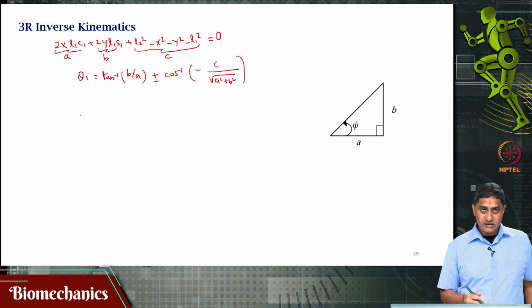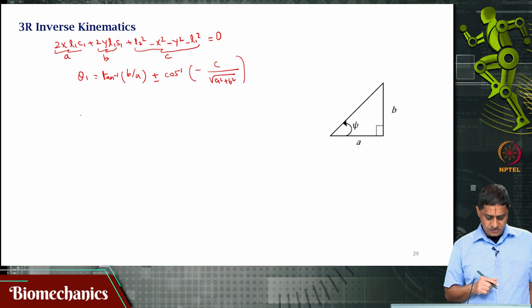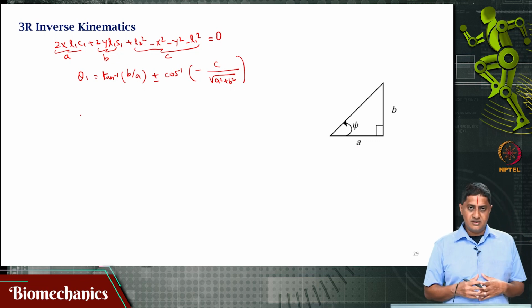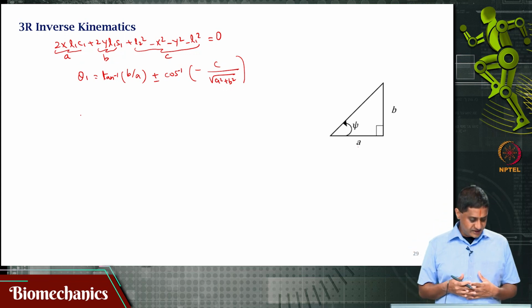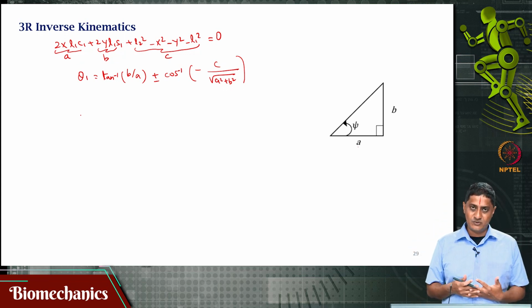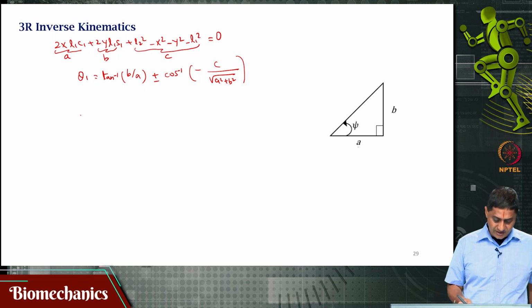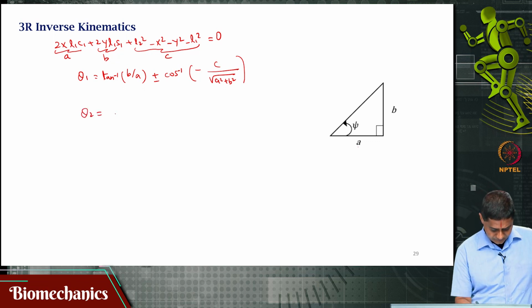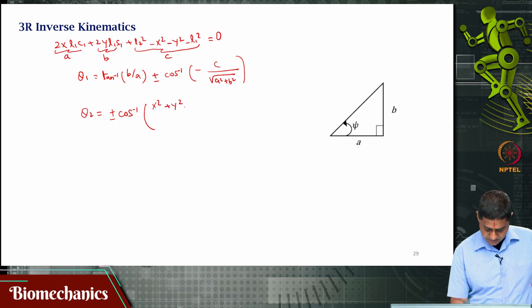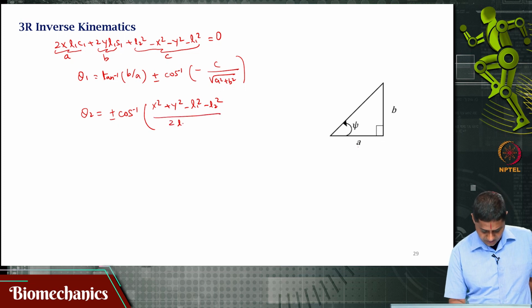Now, similar to what we did in the previous video, I can find theta 2. How can I find theta 2? By squaring and adding the modified forward kinematics equations in terms of capital X and capital Y. If I do that, I will be able to find the value of theta 2, and that would be plus or minus cos inverse of capital X squared plus capital Y squared minus L1 squared minus L2 squared divided by 2 L1 L2.